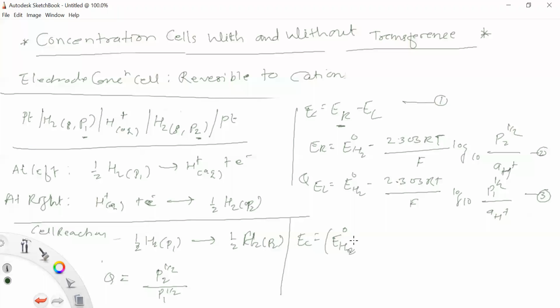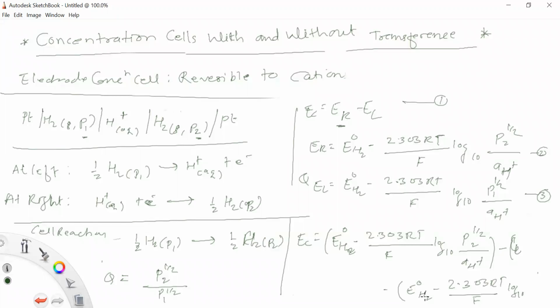E0H2 minus 2.303 RT upon F log to the base 10, this P2 1 by 2 upon activity of H plus, minus this, okay, minus E0H2 minus 2.303 RT upon F log to the base 10 P1 1 by 2 upon activity of H plus. हे दोन equation bracket.